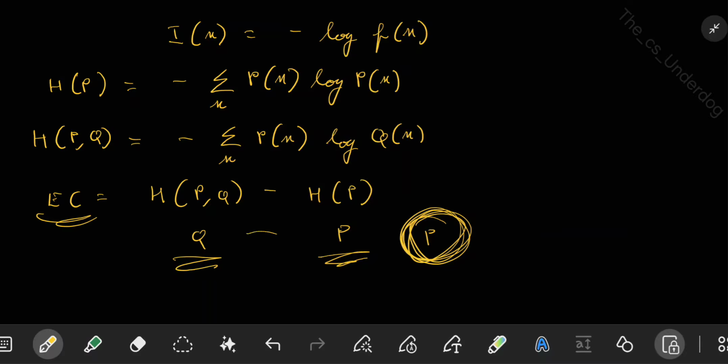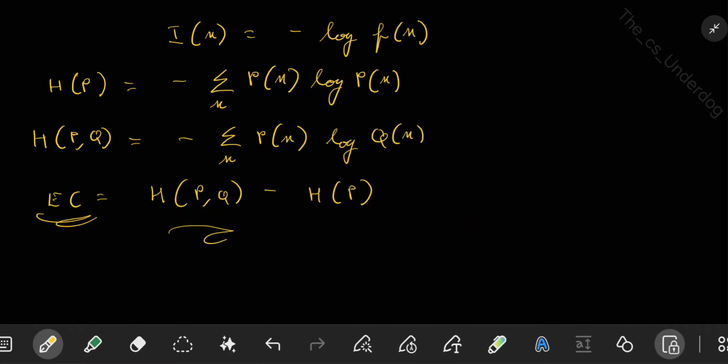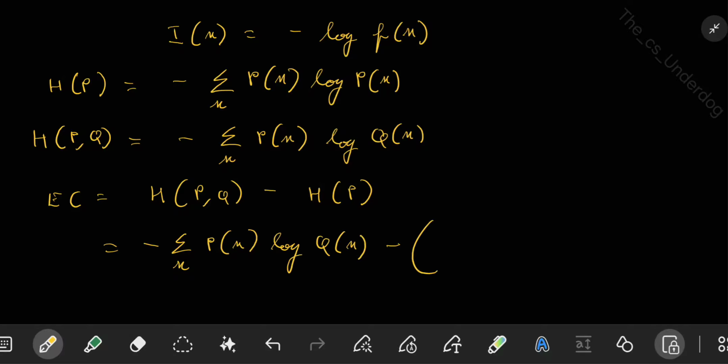Then what are the additional bits required? That will be cross entropy of P and Q minus entropy of P. How can you calculate this? For this, you can use the above formulas. Cross entropy is minus summation over all the x P of x into log Q of x, minus, what is the formula for entropy?